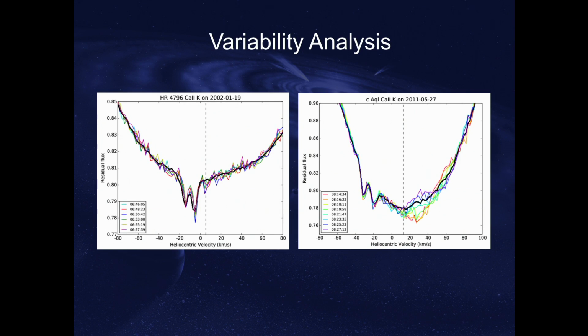I also analyze all the different epochs, different observations during different nights, and the black part is the average spectrum, so I have a reference to compare to, and all the different color lines are different observations. In the left object, I have variability at the very same radial velocity of the star, which is marked by the vertical line.